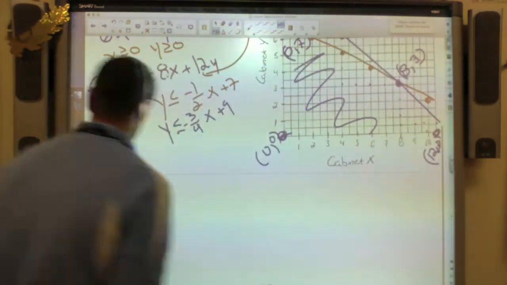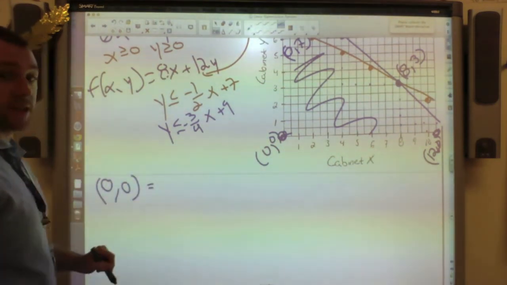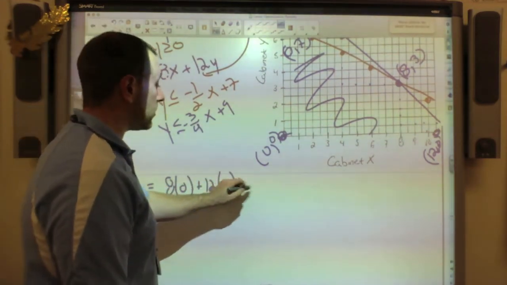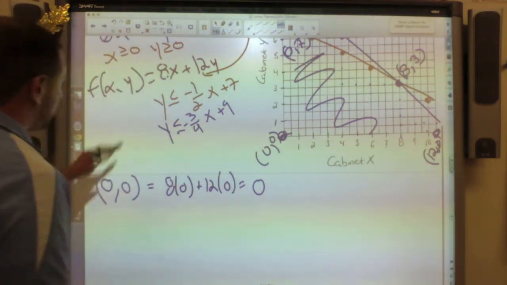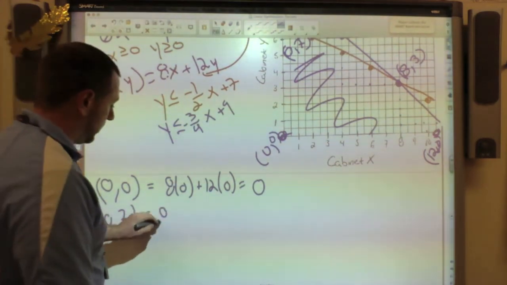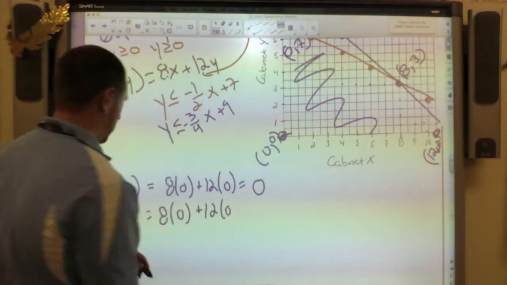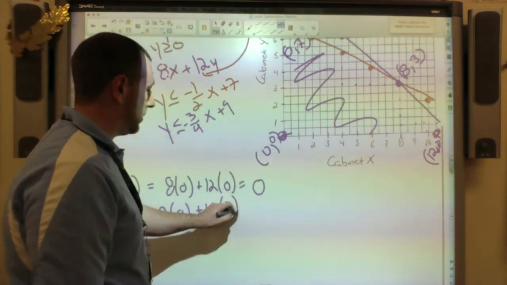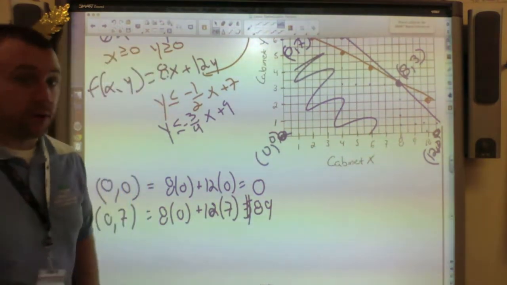Okay? So, the first one is easy. 0, 0. That's going to go to 8 times 0 plus 12 times 0, which is 0. Boom! Didn't spend anything, didn't buy anything. Second equation, 0, 7. 8 times 0 plus 12 times 7. That's going to be 84. Okay? 84.